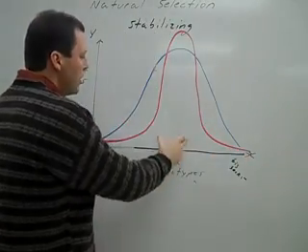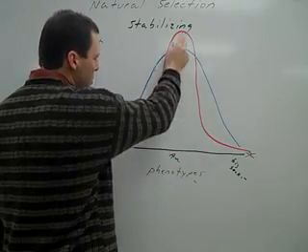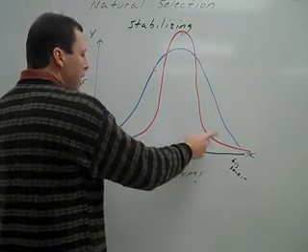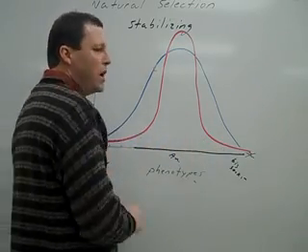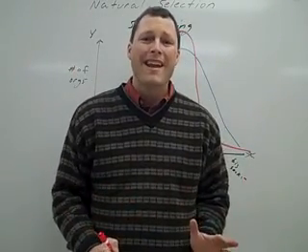In this case, this is stabilizing selection. The majority of our individuals are going to be exactly average. And the further you get from average, the greater the chance of that organism not making it.